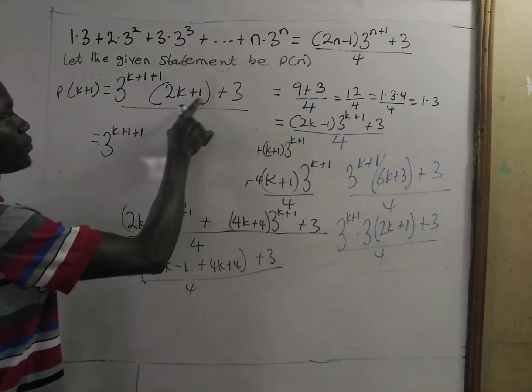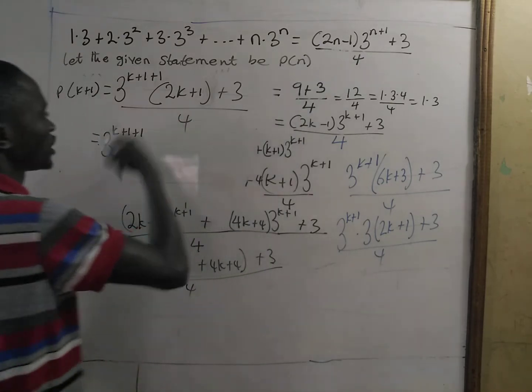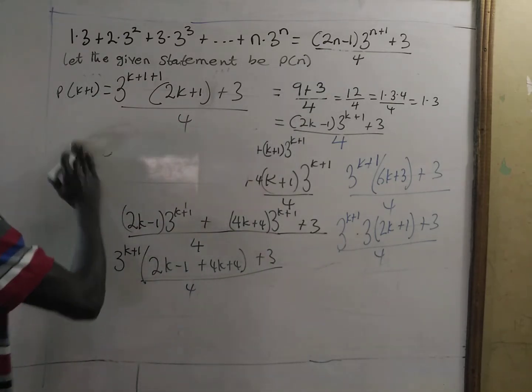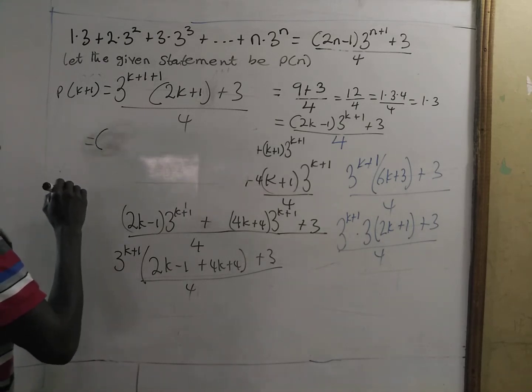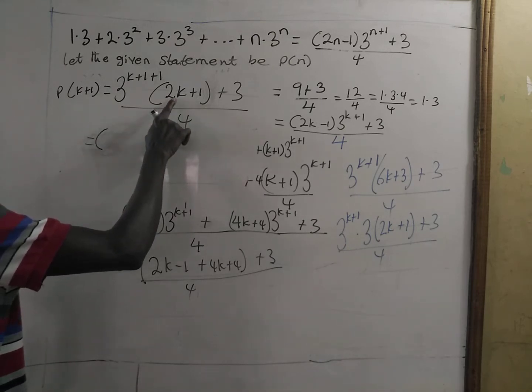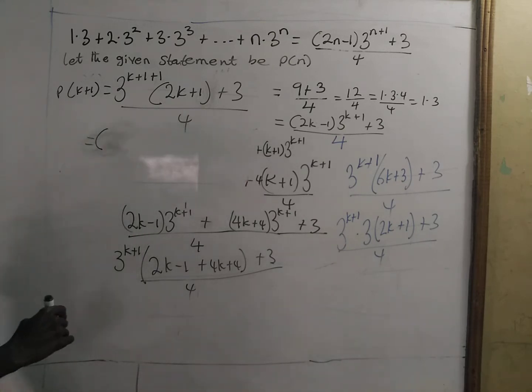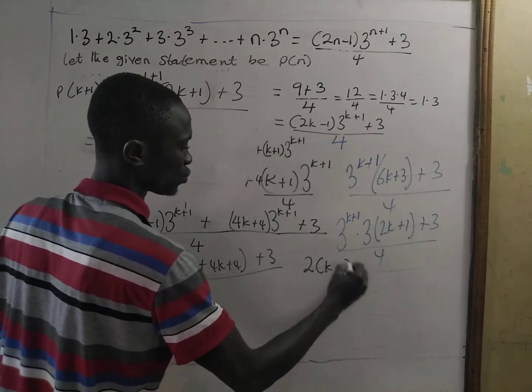Now here we have 2k plus 1. We have 2n minus 1. So let's bring the 2k plus 1 first. But here we need k plus 1. But this is 2k. So how do we get k plus 1? So we take 2 and multiply it by k plus 1.